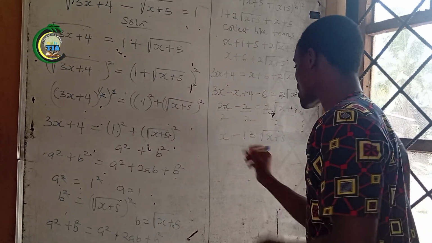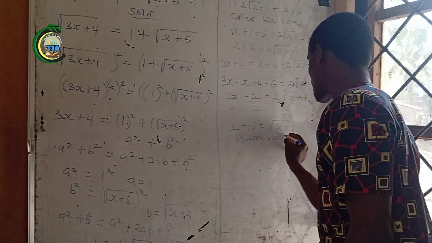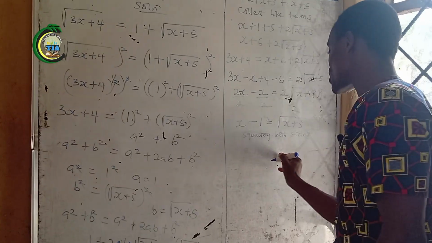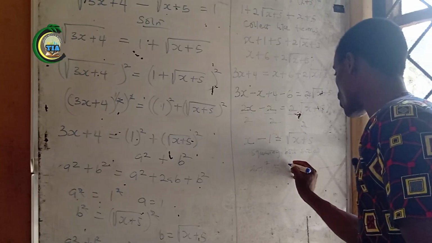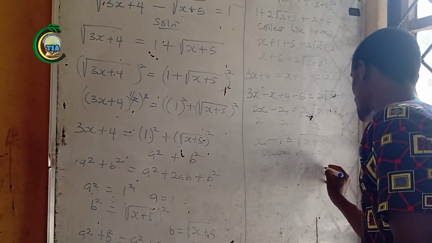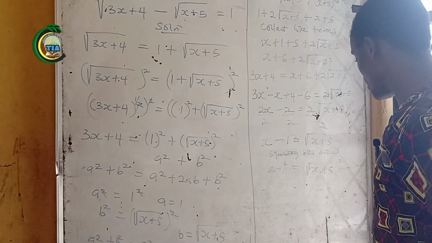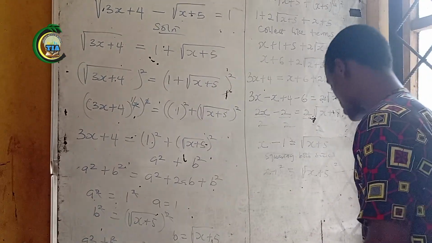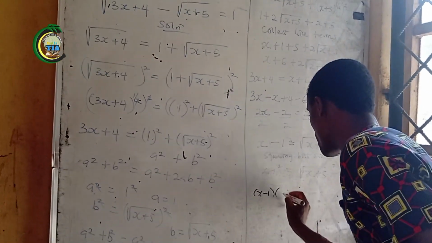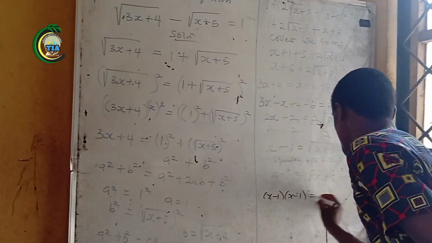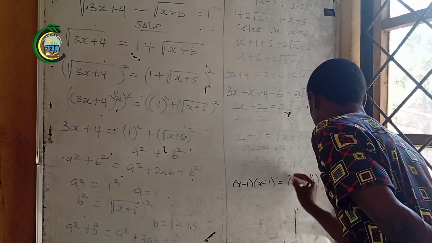Then at this point we are going to square both sides. Squaring both sides, we have x minus 1 all squared is equal to root x plus 5 all raised to power 2. Then this is x minus 1 in bracket times x minus 1 is equal to x plus 5 all raised to power 1 over 2 all raised to power 2.